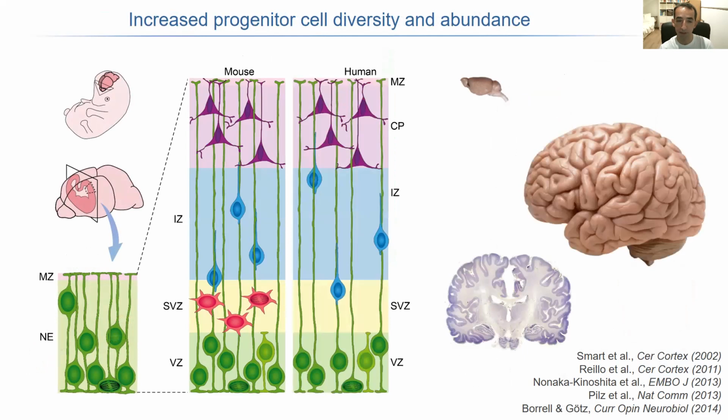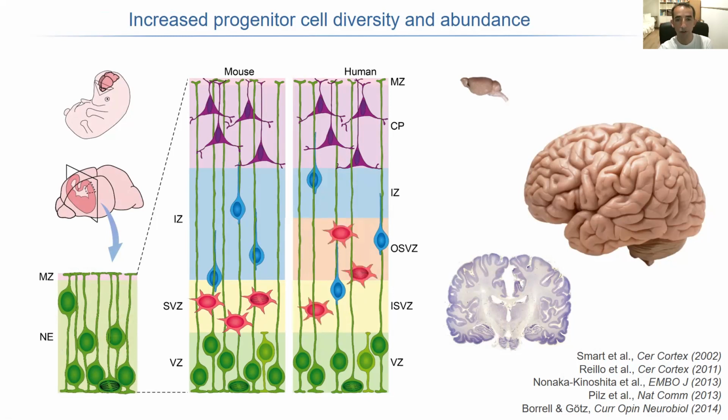Well, in humans, for example, they have a very similar structure, but the subventricular zone is not as small as in the mouse, having not so many intermediate progenitors, but actually is much larger, much thicker, and it's actually subdivided into an inner portion, the inner subventricular zone, and an outer portion, the outer subventricular zone.